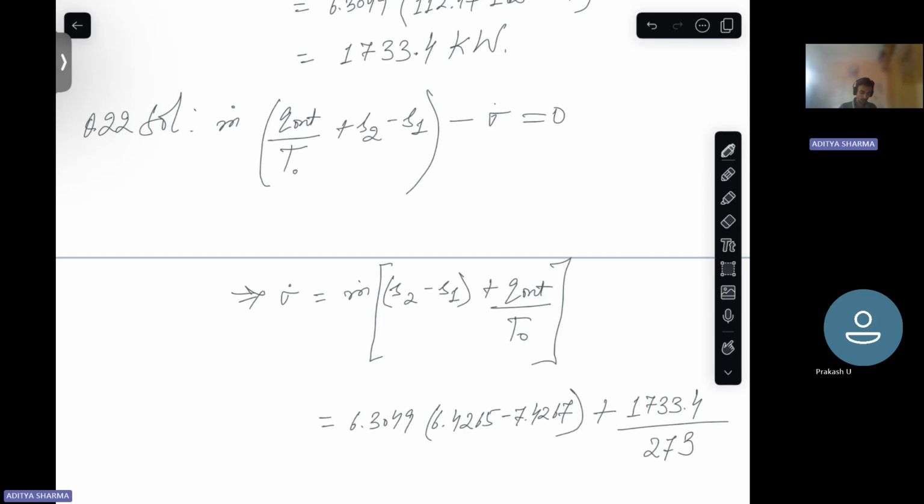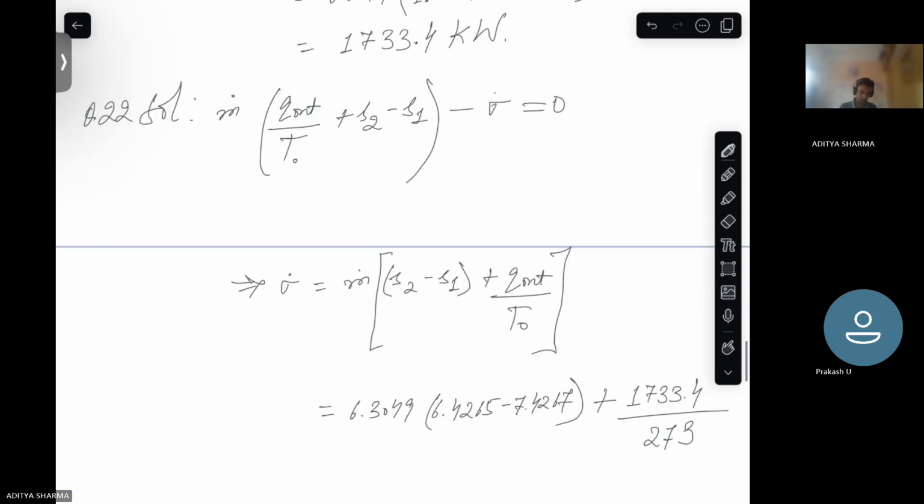Okay, so this is about question number 22, right? So here first I wrote the exergy balance expression, right?